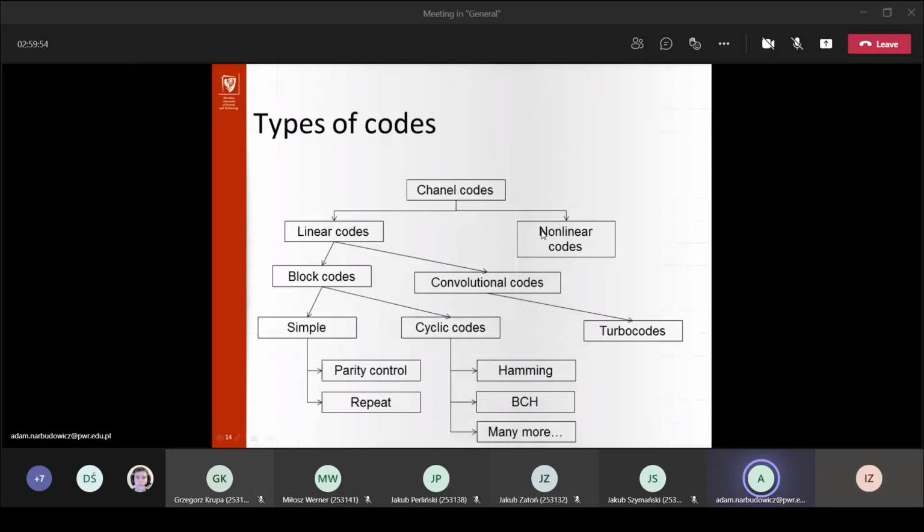Basically, they can be divided into nonlinear and linear, right? This is, of course, defined with respect to mathematical operation. So nonlinear codes we will leave a little bit behind, but the most commonly used typically are the two types of linear codes, which are block codes and convolutional codes.